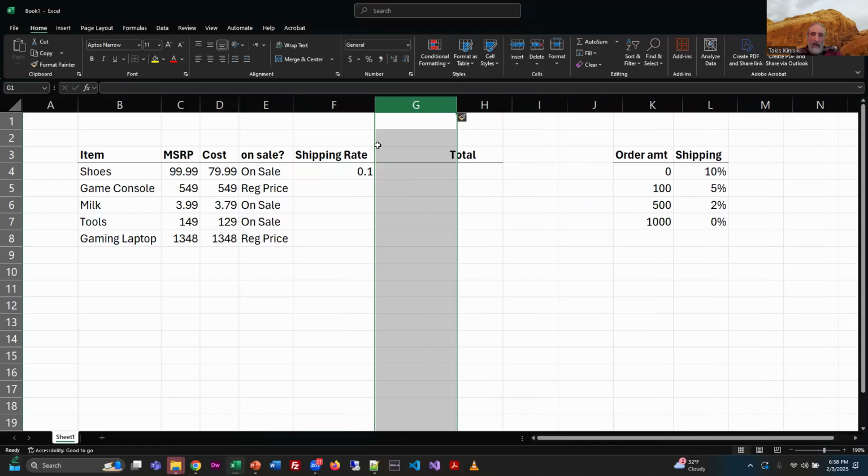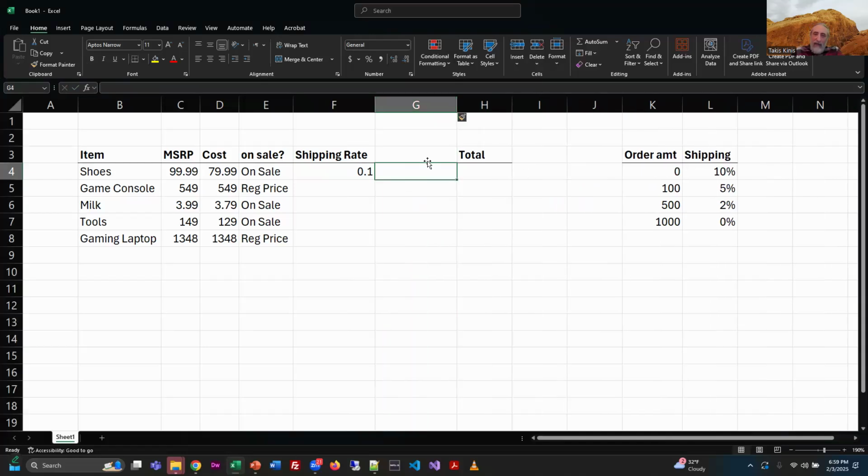So let's insert another column here, and let's say shipping cost. And then we can take this value and multiply it by that one. So we can say equals, okay. Now, that's not really truncated very nicely.